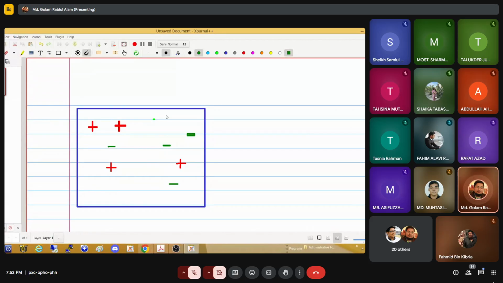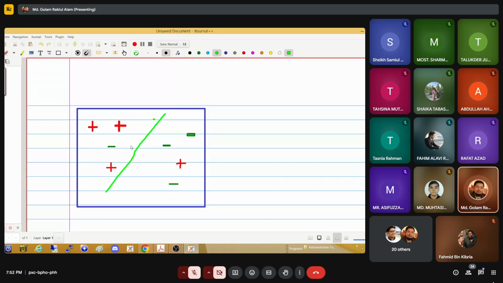If we draw this line, we can see a few misclassifications are there. That means we cannot separate positives from the negatives completely.